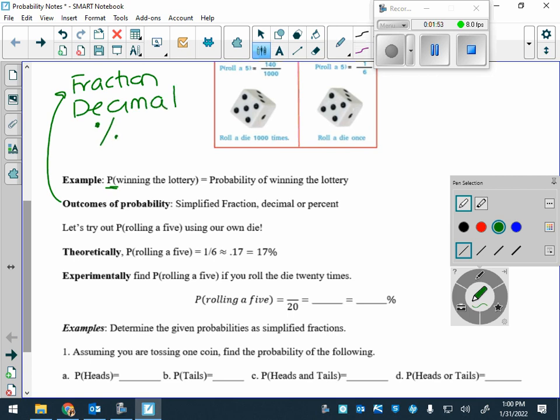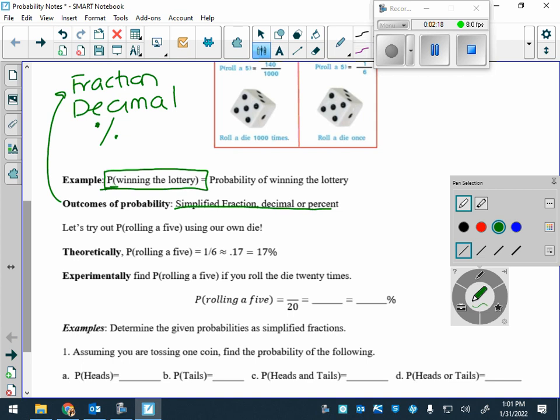So anytime you see this notation, P with a parenthesis of whatever you're measuring, you have to have your answer as a fraction, decimal, or percent. The majority of the time we're going to express the probability in reduced fraction form, so pay attention to that because it might change.